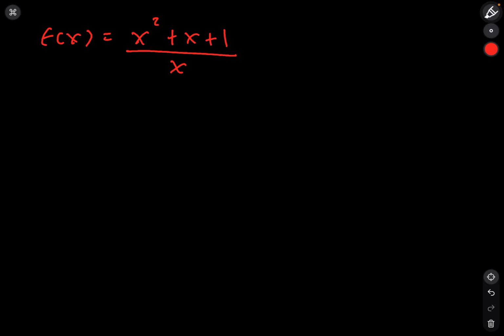What we can do here is we can just separate the terms. Here's what I mean. We know that all three terms of the trinomial are going to have the same denominator. So why not just separate them like this?